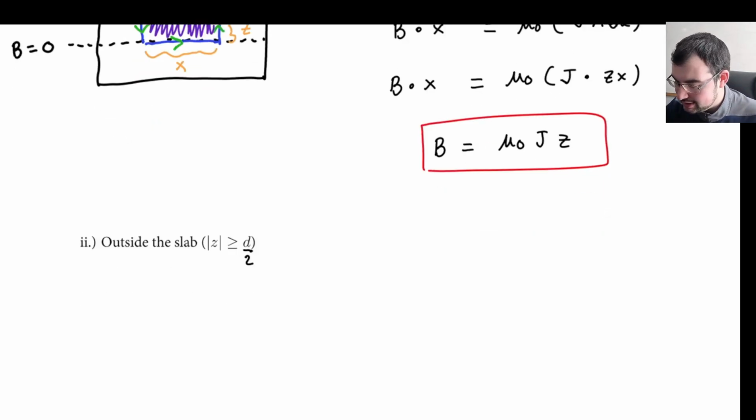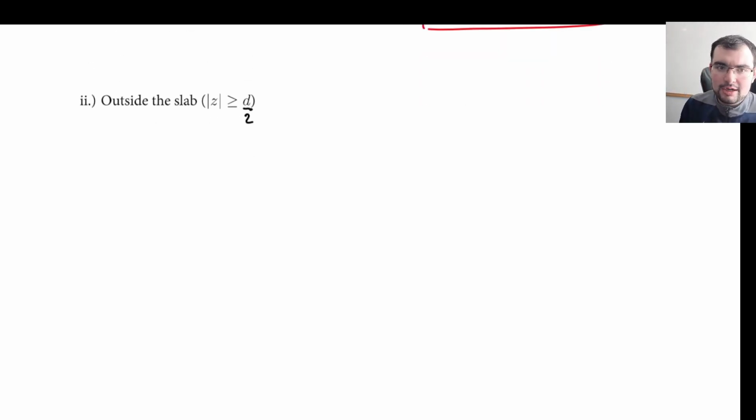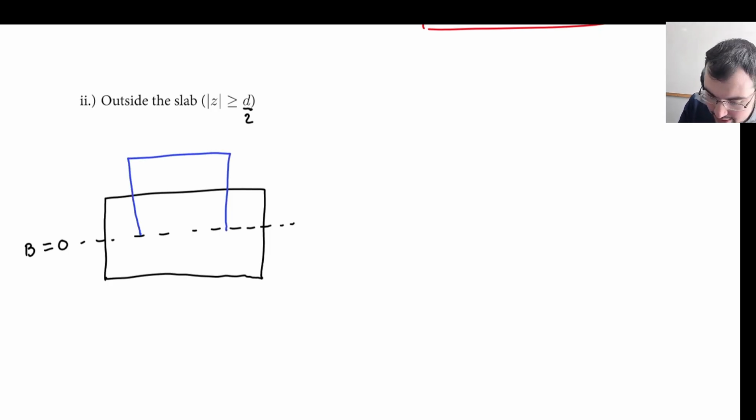All right, outside the slab. So this is going to be very similar to the argument we made using Gauss's law when we did this one for E field. This time we're just taking our loop and we're going outside the slab.